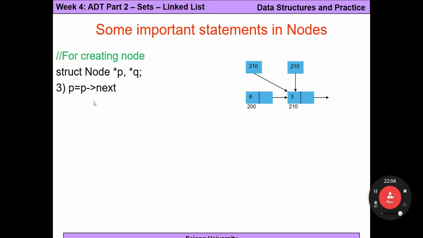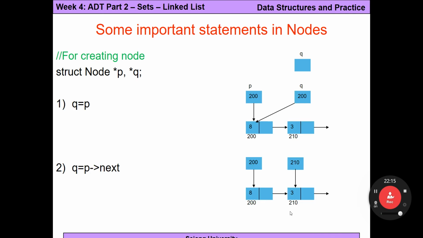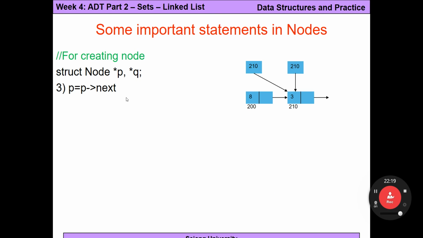This is another one. P is equal to P of next. If I say that P is equal to P of next, P of next was 210, as we have seen here. So P is equal to P of next. Now P carries the address and is pointing to this node.